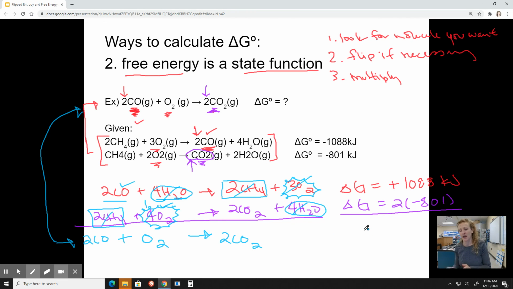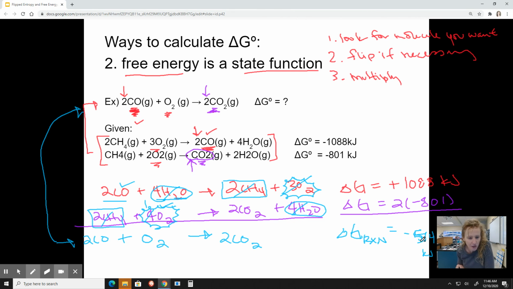So now I can just add up the free energies. 1088 plus 2 times a negative 801. So I'm going to get a delta G of the reaction equal to negative 514, and that is in kilojoules.